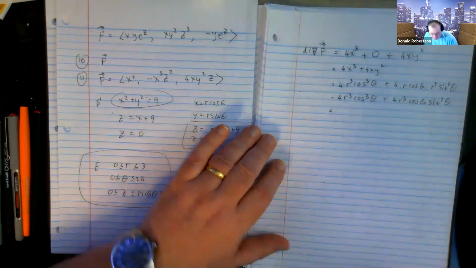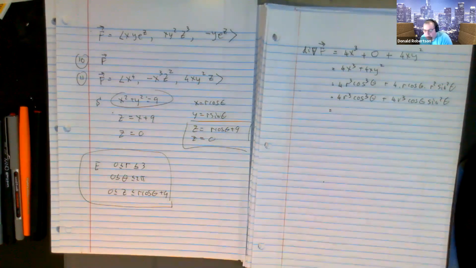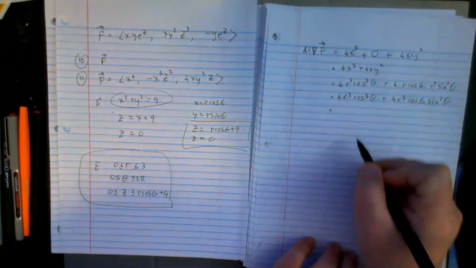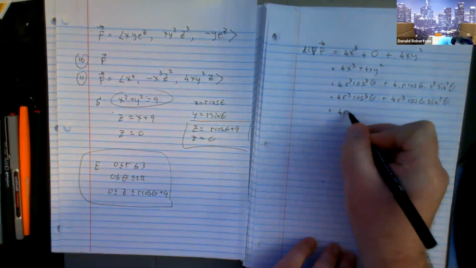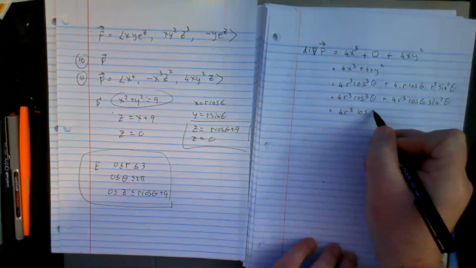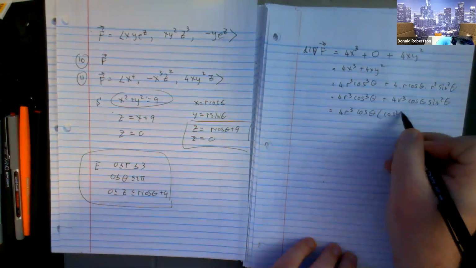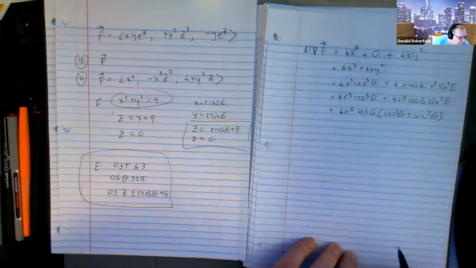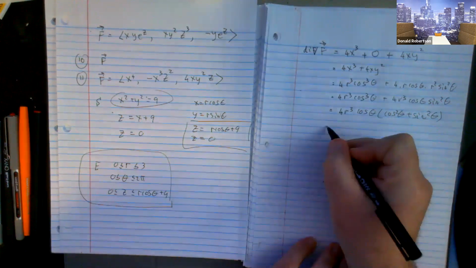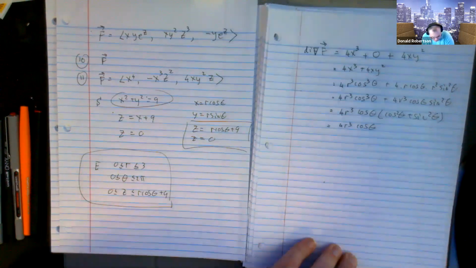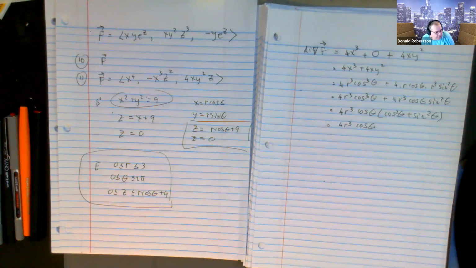Is there anything you can do to this expression that might make it prettier? Factor out the 4r cubed. Anything else? And a cosine if you'd like. I would like, because guess what's left? So we're happy about the div of f being that guy now.